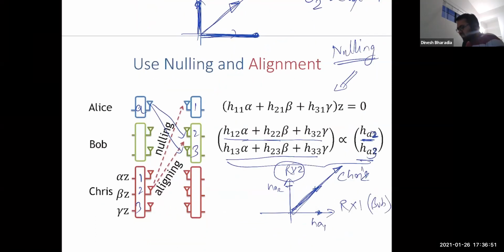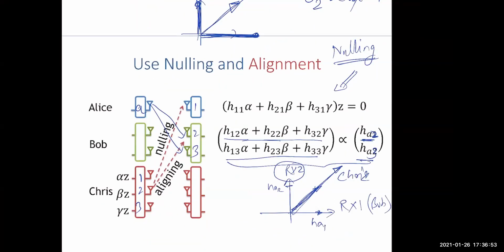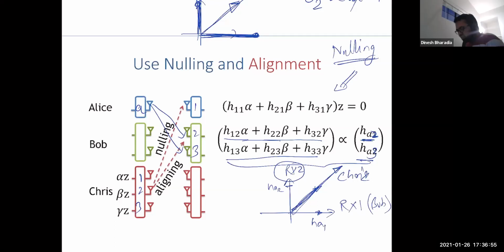Forget Chris's receiver for now. Just only focus on these three things I'm talking about. I want you to understand the basics of nulling, which is happening on equation 1 or the antenna 1 of the Alice receiver. Next is alignment, which is happening between Alice and Chris's signal at Bob's receiver. Is that clear?